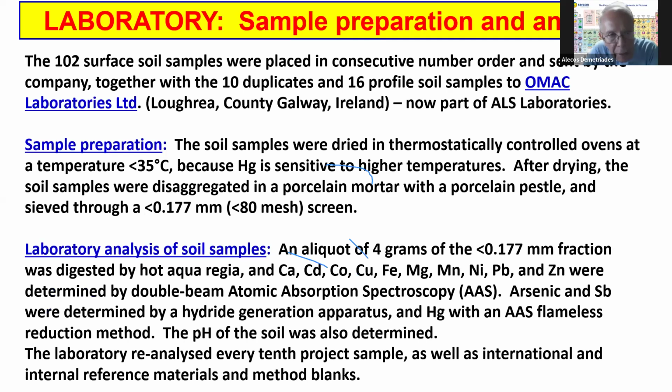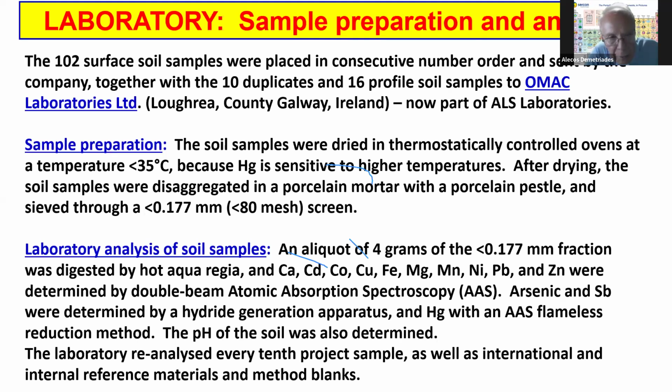Now, the laboratory analysis of soil samples, in those days, was with an atomic absorption spectrometer. Again, we selected a procedure with a high sample weight: 4 grams of the 80 mesh fraction was digested by hot aqua regia, and calcium, cadmium, copper, iron, magnesium, manganese, nickel, lead, and zinc were determined by double beam atomic absorption spectroscopy.